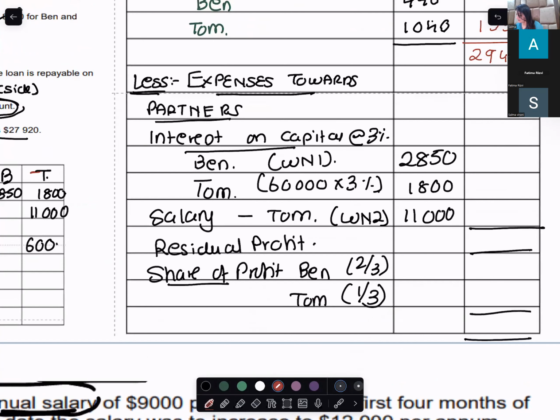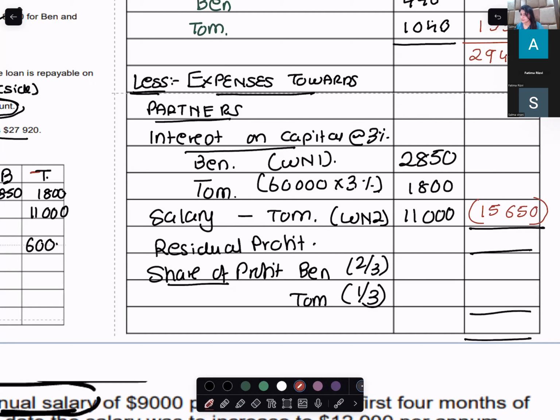Now all these three have to be subtracted, right? Expenses towards partners. So give me the total: 2,850 plus 1,800 plus 11,000. So this is 15,650.